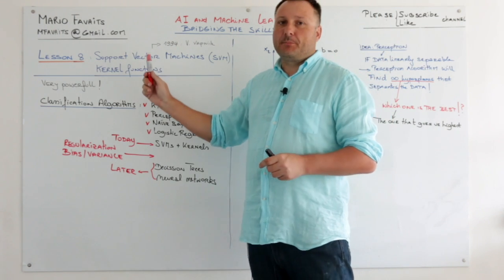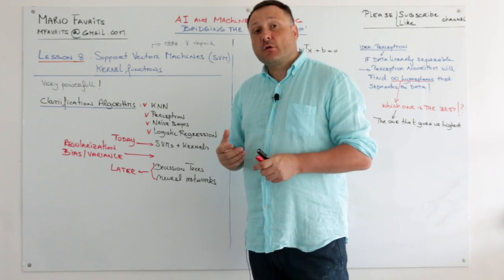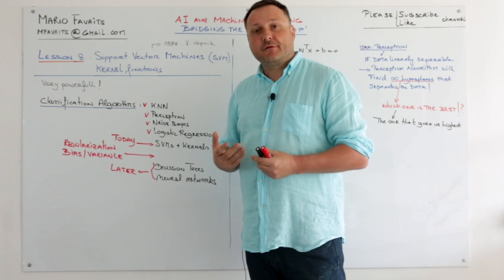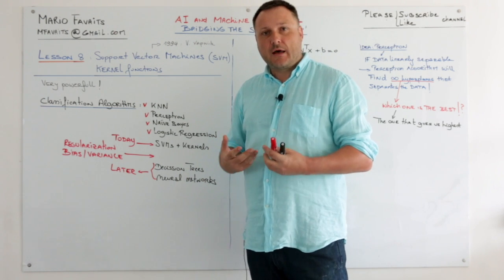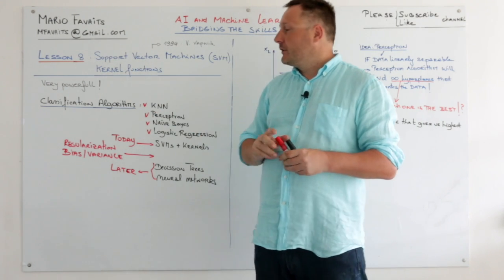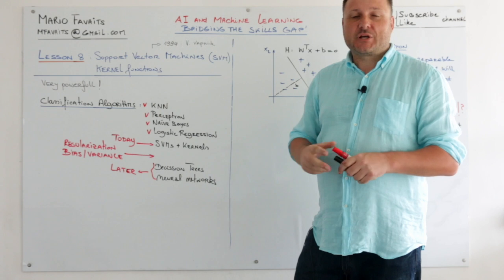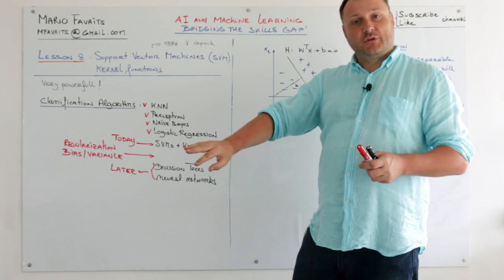It's a very popular algorithm. It's very powerful. It was so powerful that in the second half of the 90s and in the early 2000s, all papers, all new research was focused on SVMs. And it pushed actually everything which had to do with neural networks to the side.